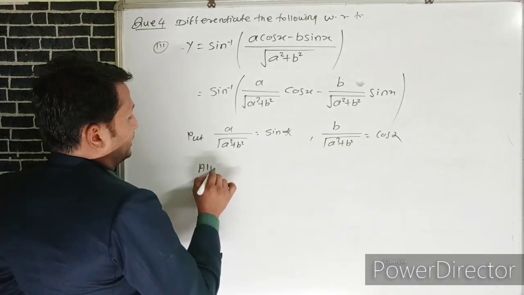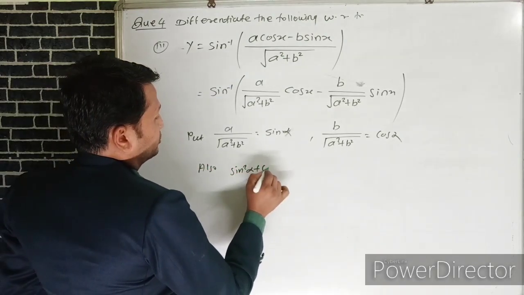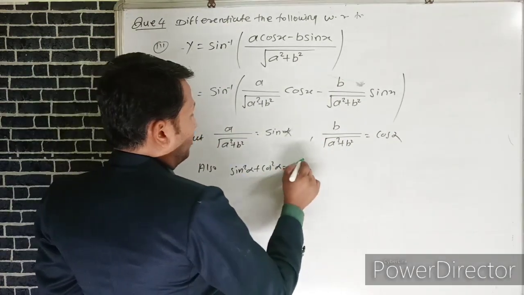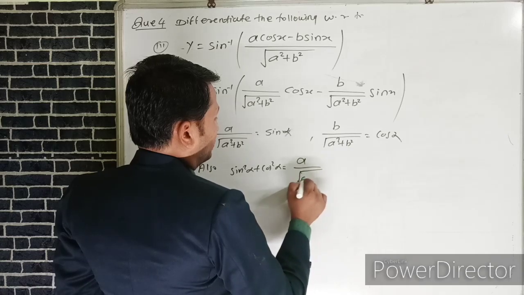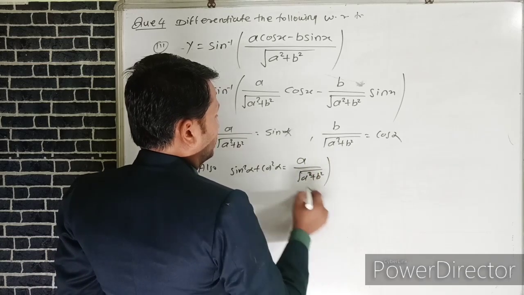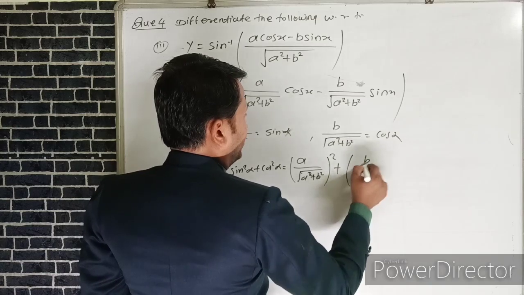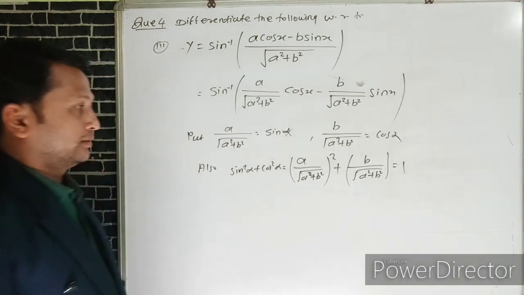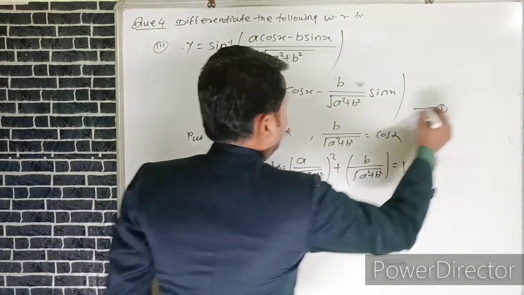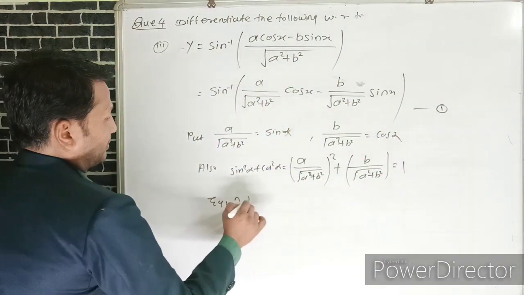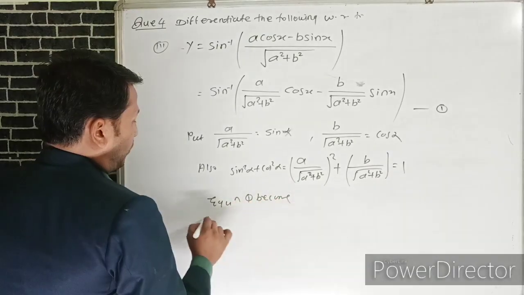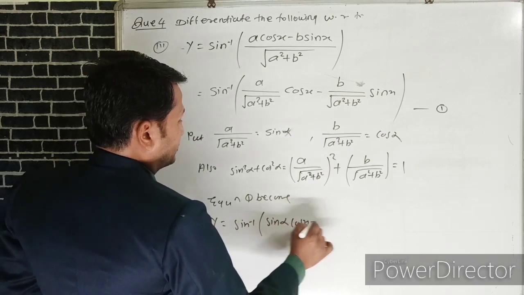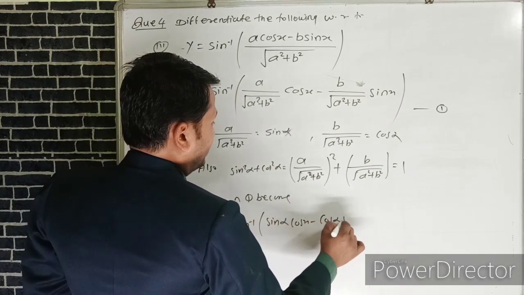Also we know that sin square alpha plus cos square alpha is equal to 1. Hence we can calculate the value of a upon under root of a square plus b square whole bracket square plus b upon under root of a square plus b square whole bracket square is also 1. Hence we can write equation 1 becomes y is equal to sin inverse of sin alpha cos x minus cos alpha sin x.